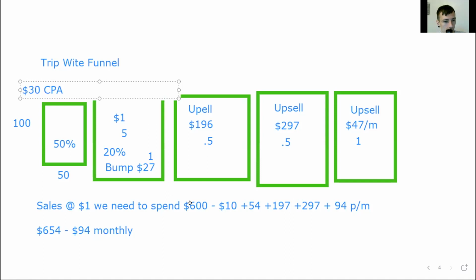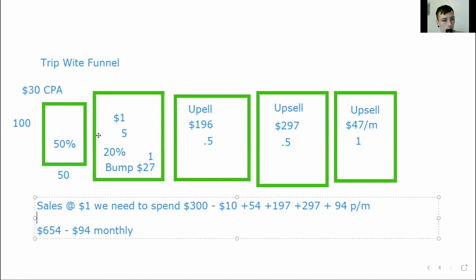But basically you can tweak these different points. And if you're losing money selling this $1 product, you can add an additional upsell and increase your average order value. And then you can afford to spend more to acquire a customer than your competitors.